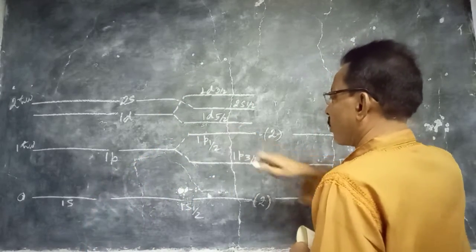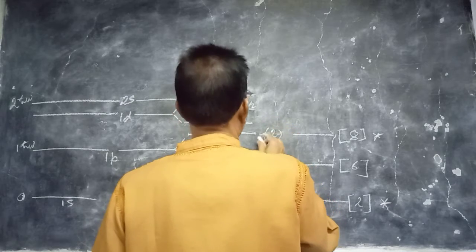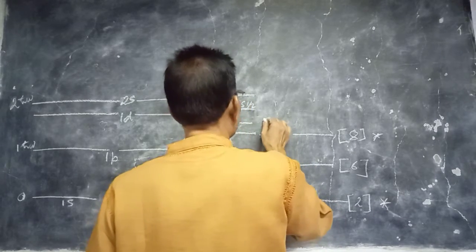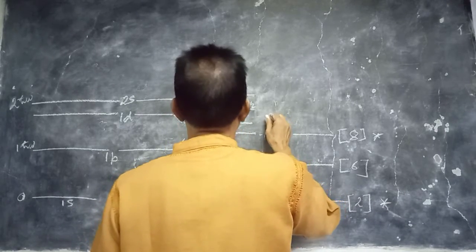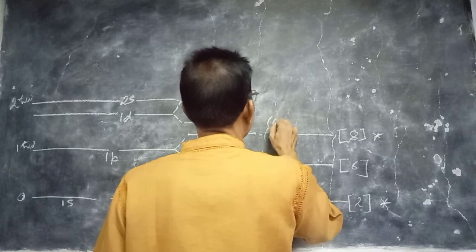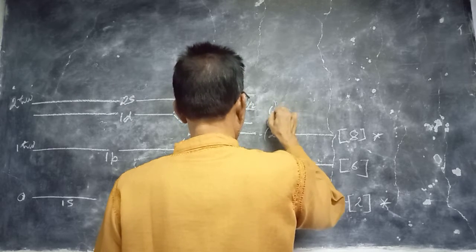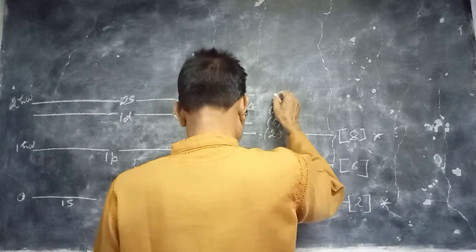The higher spin state always comes lower for a particular value of L. So here, the number is 2j plus 1: for 5/2 you get 6, here you get 2, and for 3/2 you get 4.